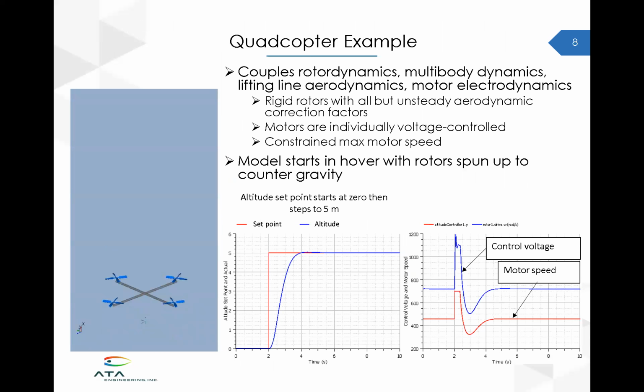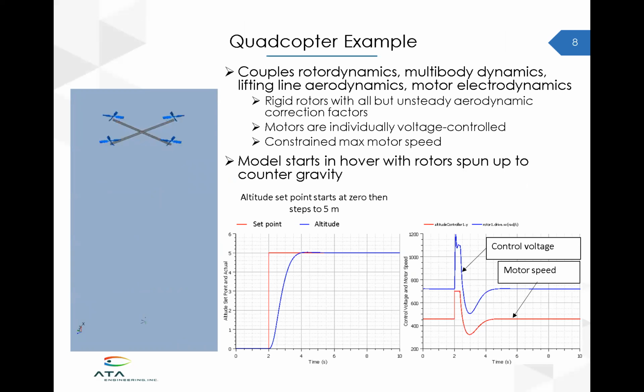Here's a simple example of a quadcopter using the rotor aerolib. Each one of the rotors and each one of the blades has these air stations connected to it. Together they introduce a thrust into the rotor, and those rotors together introduce a thrust onto the body of the quadcopter.